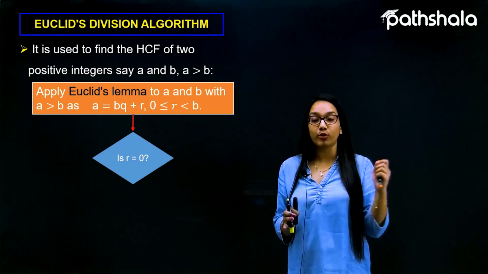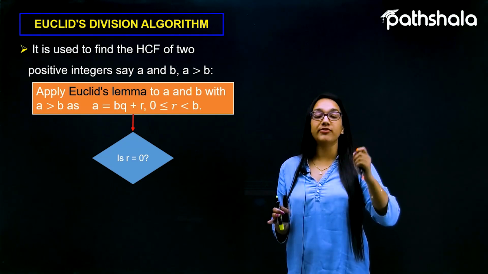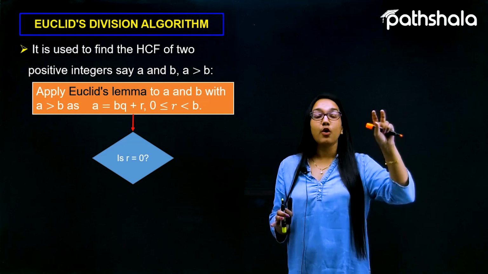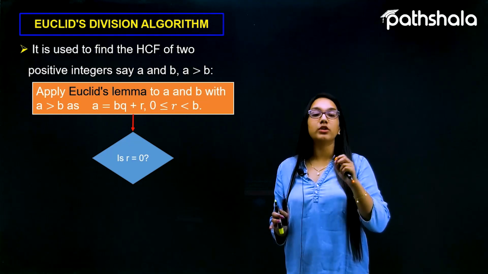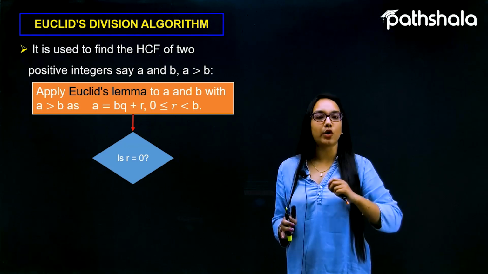The next step, after applying Euclid's division lemma to the two numbers, is to look at the remainder. Either the remainder can be equal to 0 or it cannot be equal to 0.